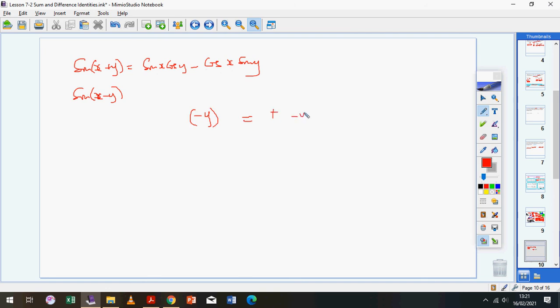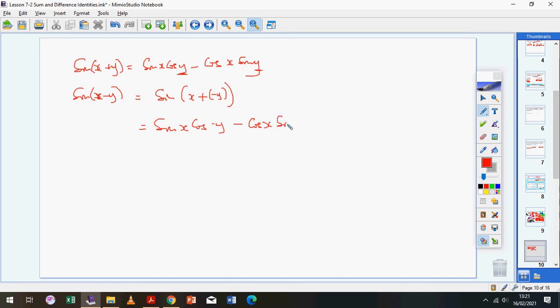So in the positive identity, instead of having a positive y, I'll be adding a negative angle. So instead of having y in each of these cases, I'll just replace y with a negative y. When I replace y with a negative y here, sine of x cosine of negative y plus cosine of x times sine of negative y.